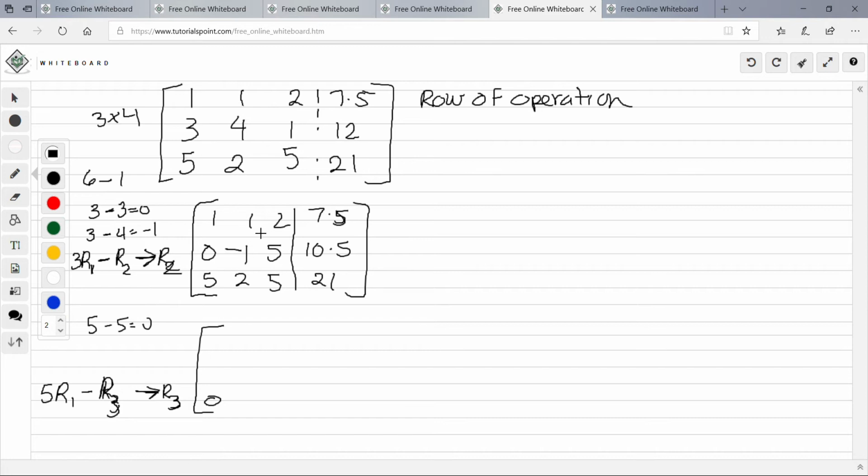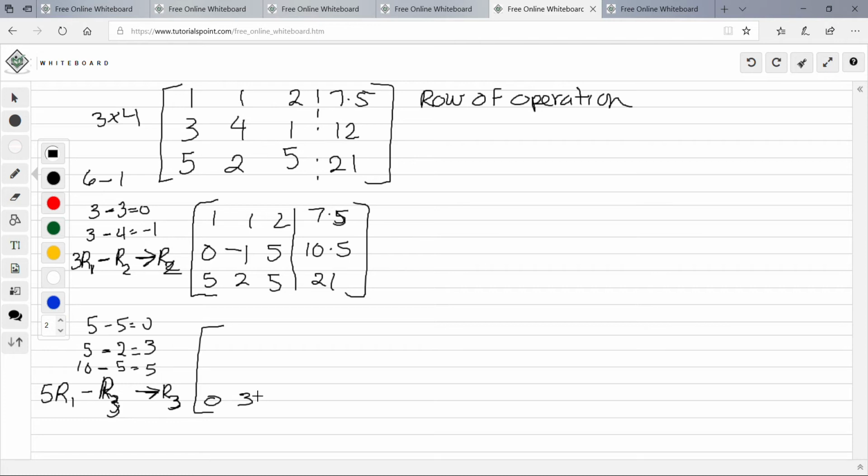Now let's do the other part. 5 times row 1, which is 5, and then our other column minus row 3, which is 2. Right? Here's row 3, and that has a column 2. So 5 minus 2 is 3. So this column is 3. Okay, 5 times 2 is 10. Minus row 3 is 5.